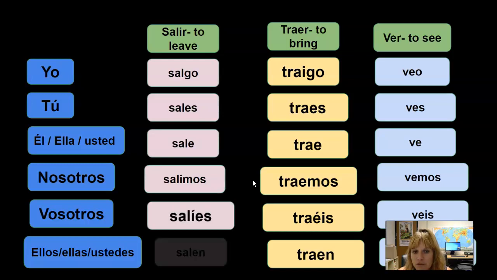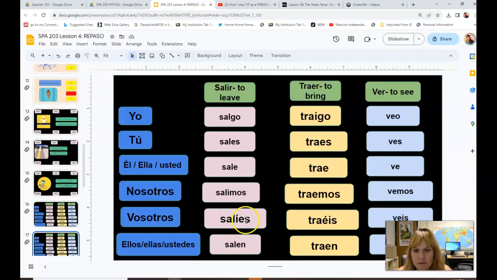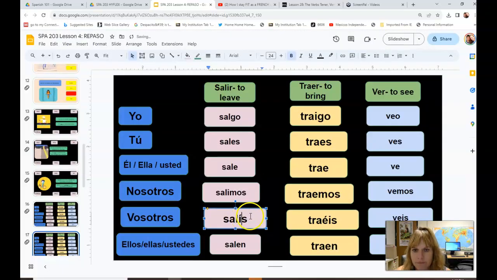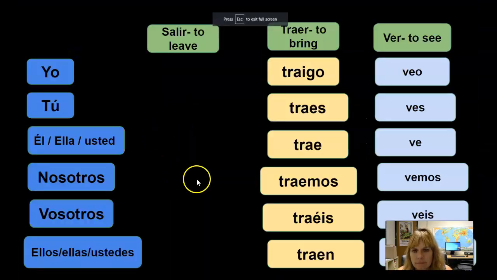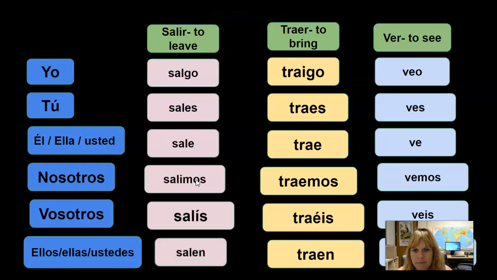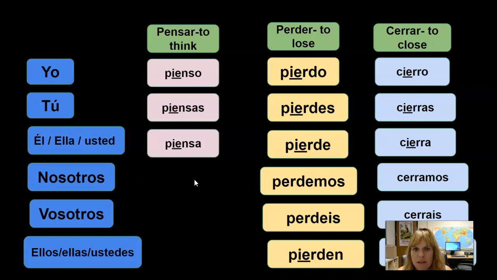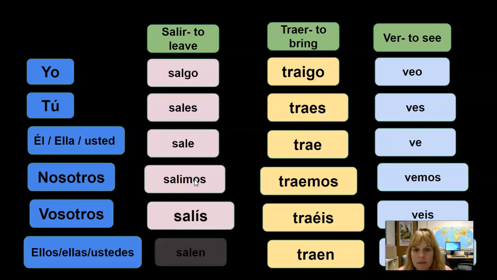Then after you fill in your charts, you are going to fill in your answers to your questions. So hopefully I left that up there long enough. Let me go back a second.